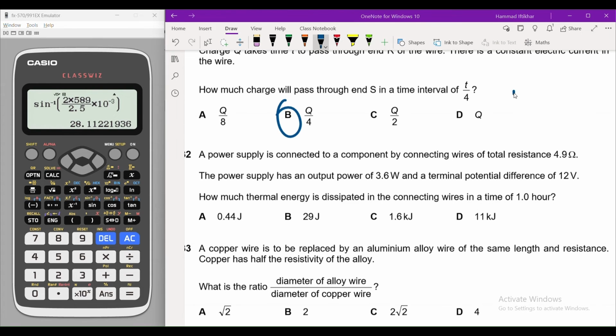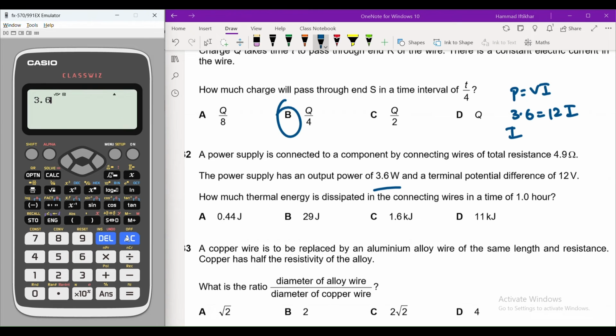Okay, power is equal to VI, so you can use this output power to determine how much current is flowing. So if the terminal potential difference is 12 and the power supply is 3.6, so 12I equals 3.6, I will be equal to 3.6 divided by 12, that is 0.3.